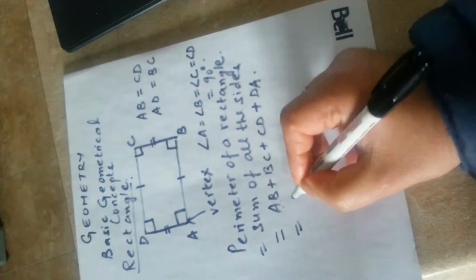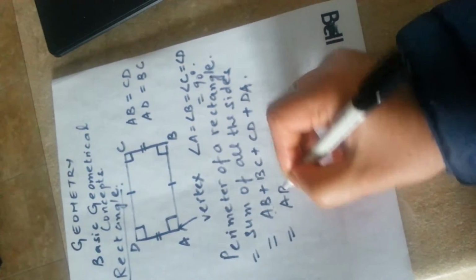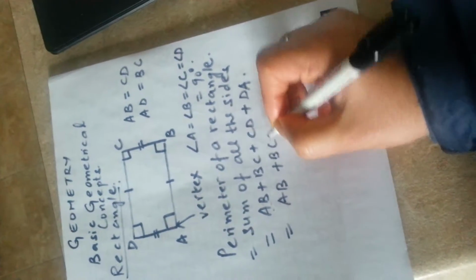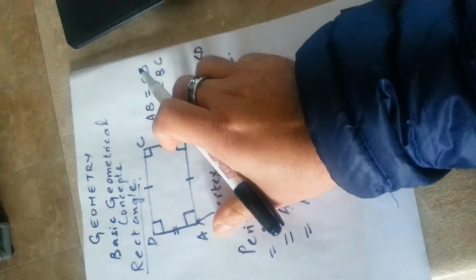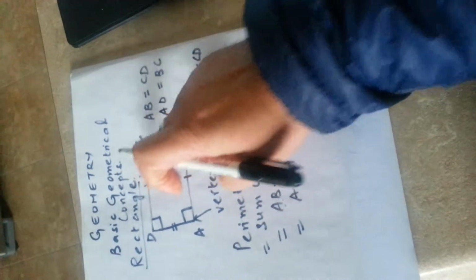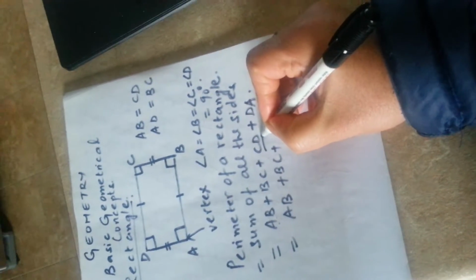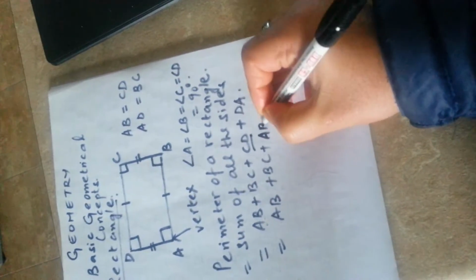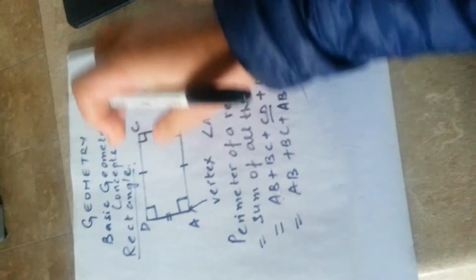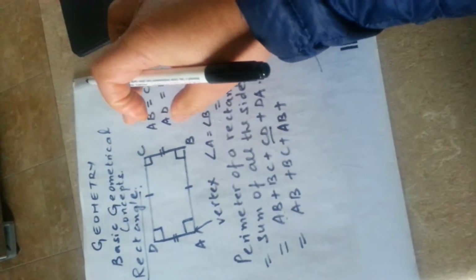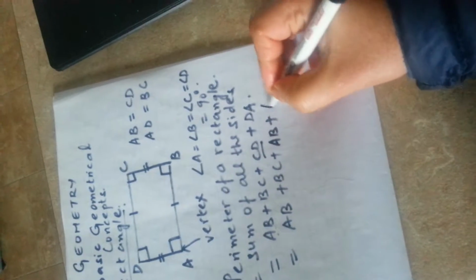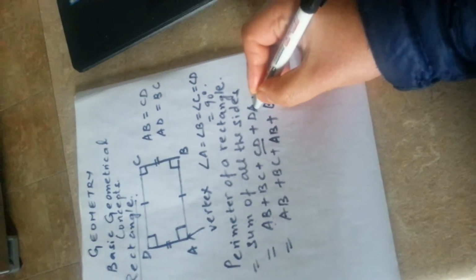Now I know AB is AB, I know BC is BC, I know CD is equal to AB. I already told you the opposite sides of the rectangle are equal. So instead of CD, I can put AB because CD is equal to AB. Similarly, AD is equal to BC. So I can put BC because BC is equal to AD.